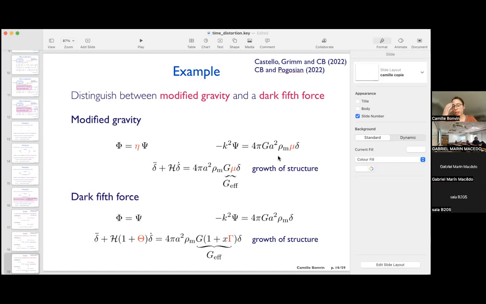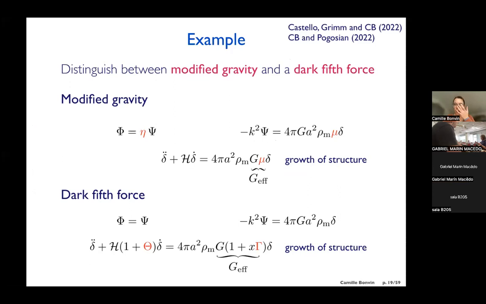In the following, I will actually neglect the scale dependence because in the quasi-static approximation, we can show that in many, many models of modified gravity, the k dependence is subdominant. But if you want to be completely general, they should depend on both time and k. Okay. Thank you. Okay, thanks.